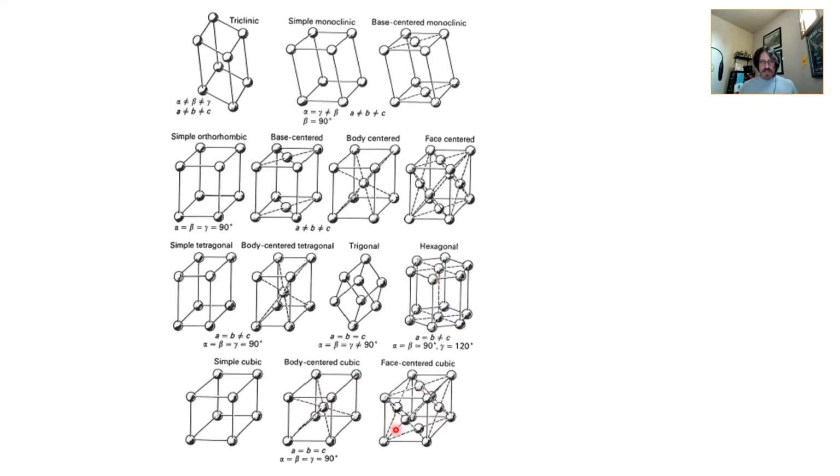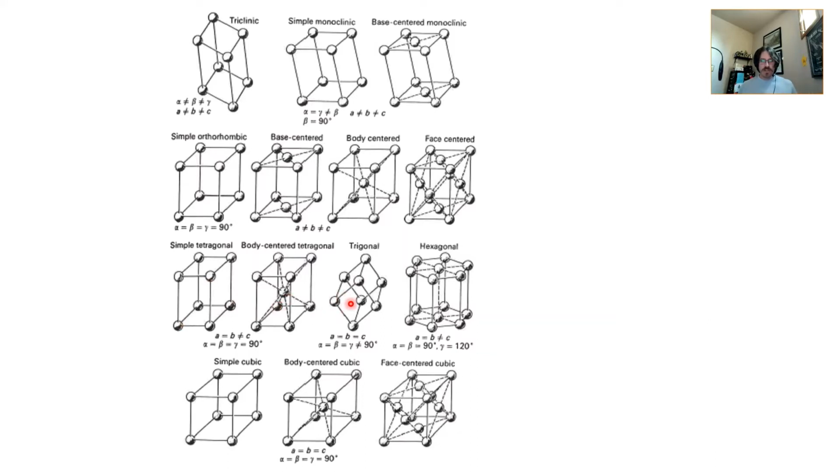So 7 crystal systems. When you break them down, you have different flavors of some, not all. So there's only 1 flavor of triclinic. There are 2 flavors of monoclinic. There's orthorhombic. There are base-centered, body-centered, face-centered, and simple. So there's 4 flavors of orthorhombic. For tetragonal, there's 2, so simple and body-centered tetragonal.